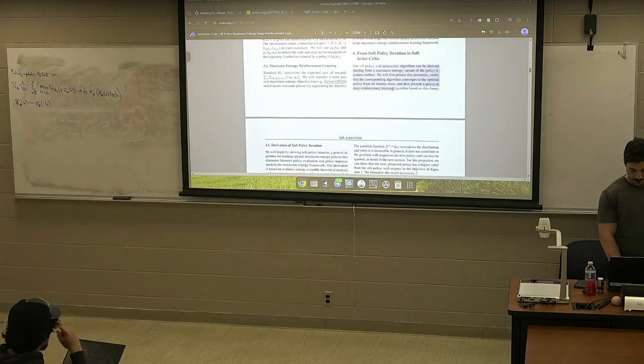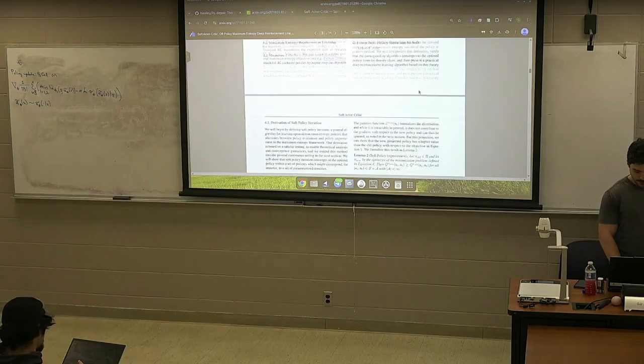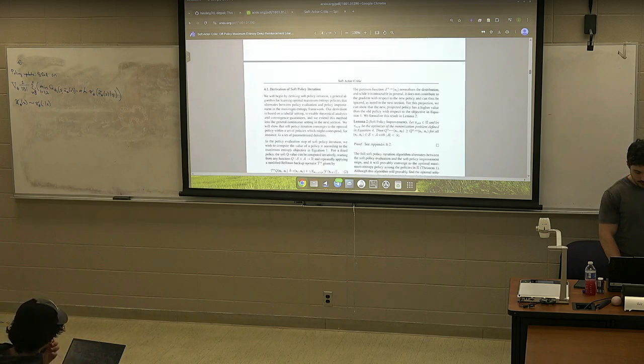Corresponding algorithm converges to the optimal policy from its density class, then present a practical, deep reinforcement learning algorithm based on its policy theory.